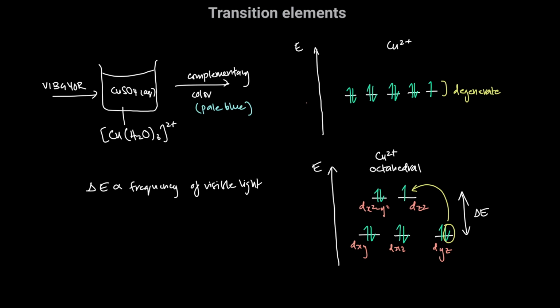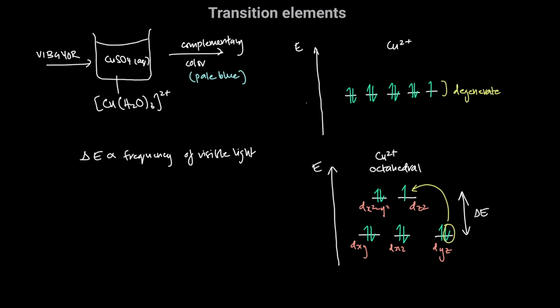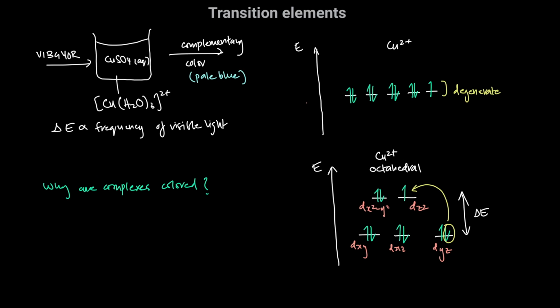So what we can say is the following. If the question is asked, why are transition element complexes colored, or why do they often form colored solutions, we can say that when a complex ion forms, the d orbitals are split into different sets with different energies.